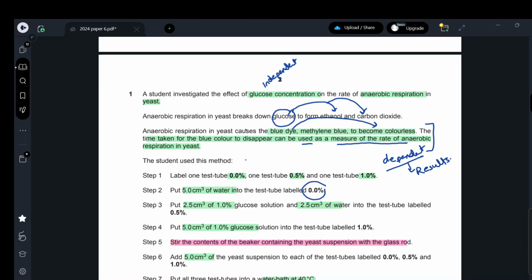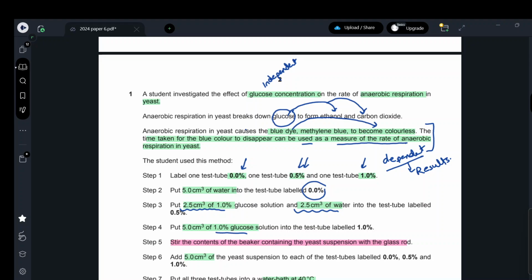In the second test tube, I'm going to put 2.5 cubic centimeter of the glucose solution and 2.5 cubic centimeter of water. So half glucose, half water, so I can get this concentration. In the third test tube, I'm going to put only glucose solution, 5 cubic centimeter of 1% glucose solution. These are the three concentrations I prepared.